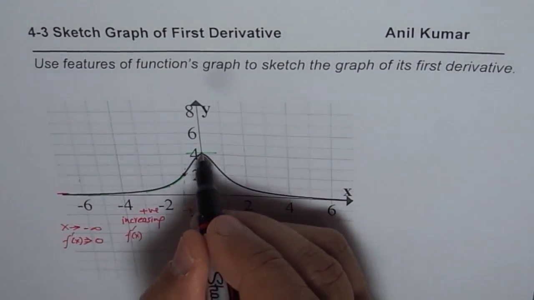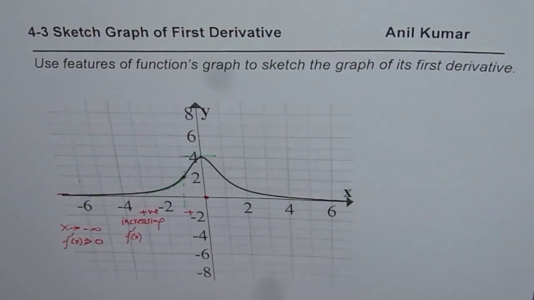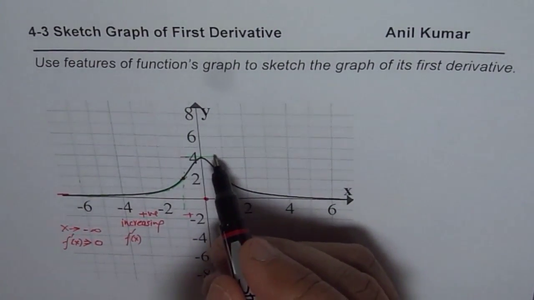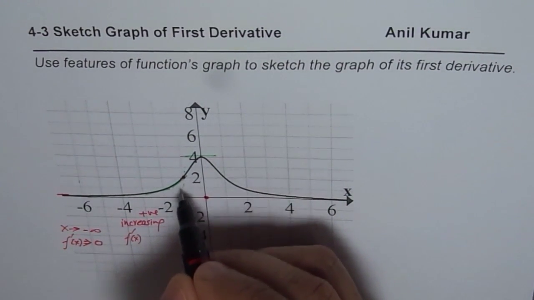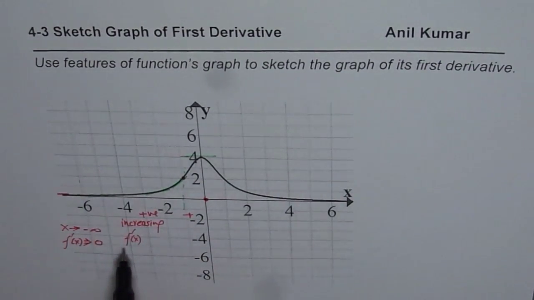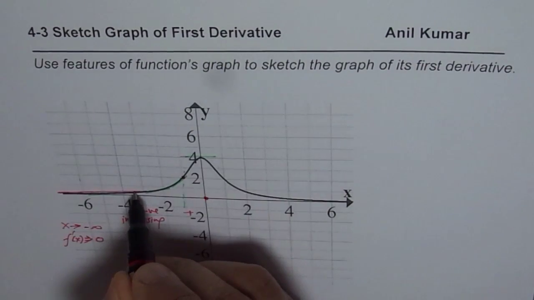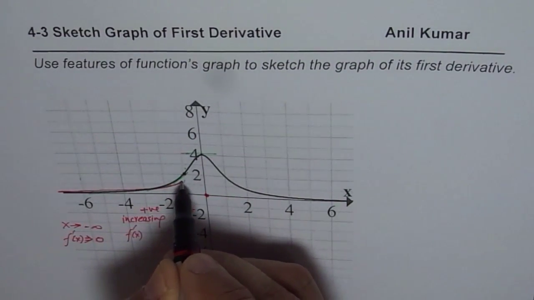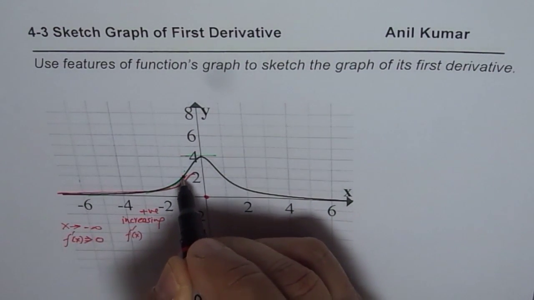So at this point the derivative is 0, since the tangent is horizontal, right? So if you analyze, then you'll find that at this point we have a maximum for the derivative, correct? So what we can do is sketch this function. We are not sure about the values, but we know one thing, that it is maximum at this turning point.